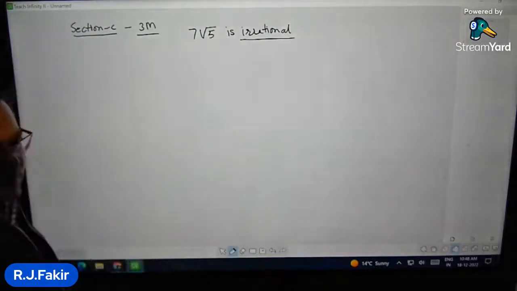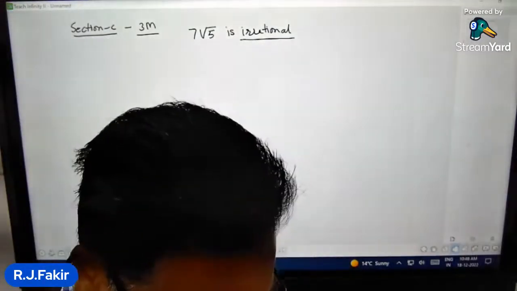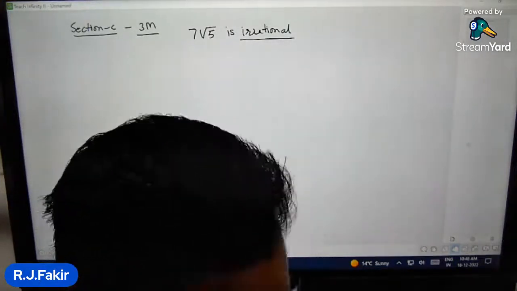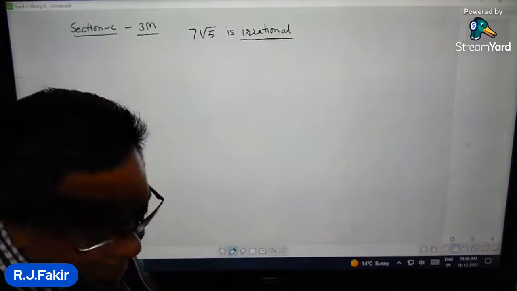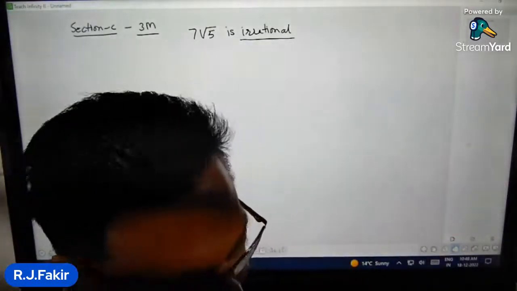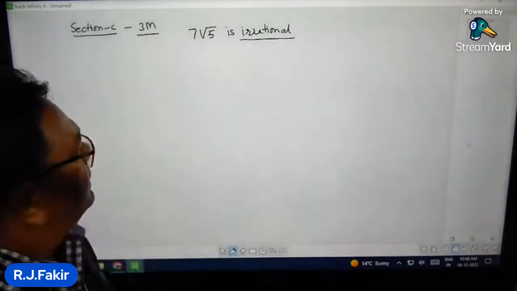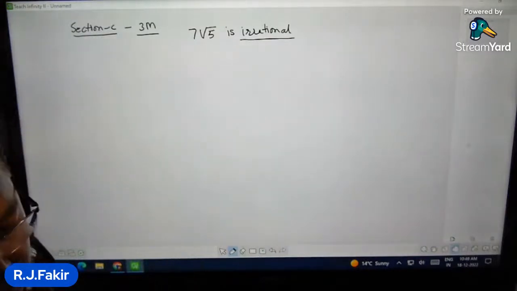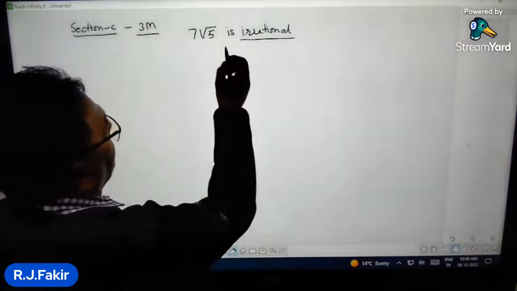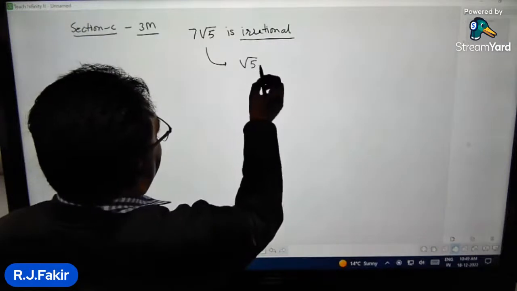Generally, what mistake we do, we generally take this root 5 as irrational, but here it is not given. The question simply says prove that 7 root 5 is an irrational number. So don't take risk in solving such kind of questions when it is for 3 marks or more generally. So first you know that method how to prove this root 5 as irrational.